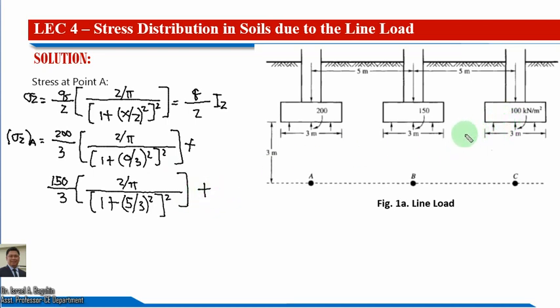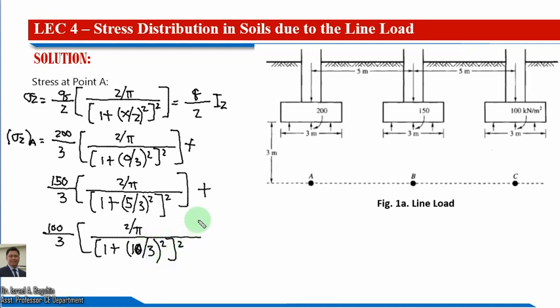Plus the last one is this third footing, so we have this 100 divided by 3 times this 2 over pi, and then we have this denominator of 1 plus our x here, which is from here 5 and 5, so it is 10 meters, so 10 divided by 3 squared raised to the power of 2.